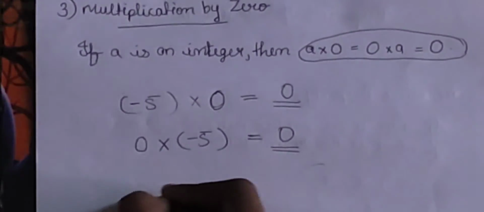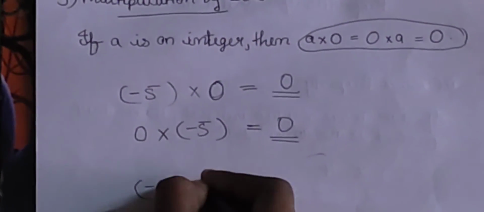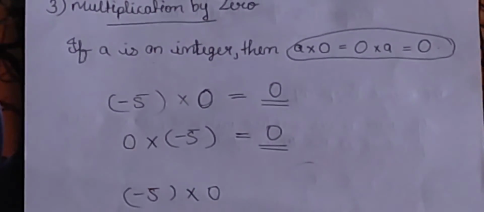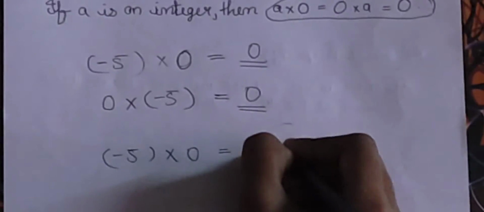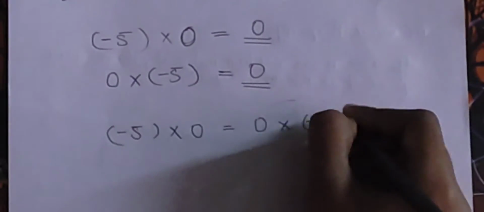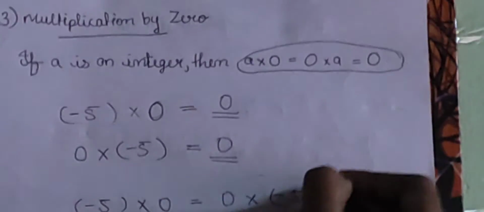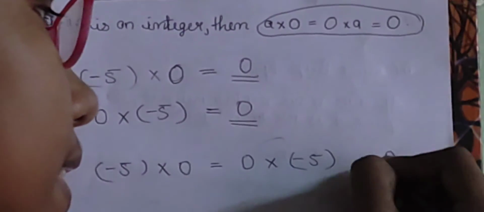Therefore, negative 5 into 0 is equal to 0 into negative 5 is equal to 0.